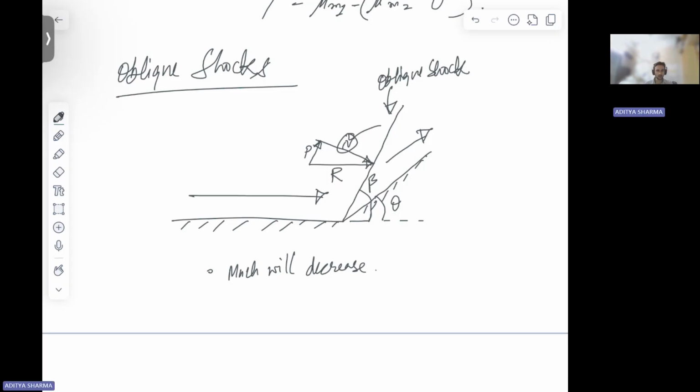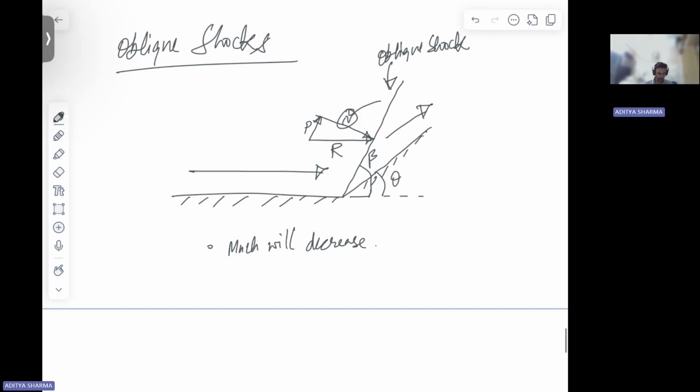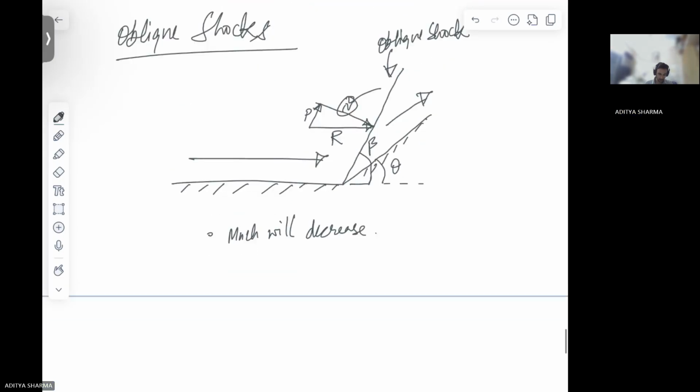And then there are oblique shock relations, which we can see from the lectures, but it is to be noted that only the normal component is to be taken into consideration.